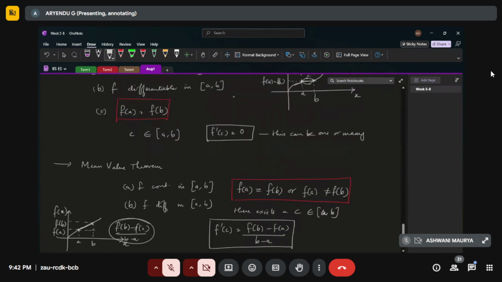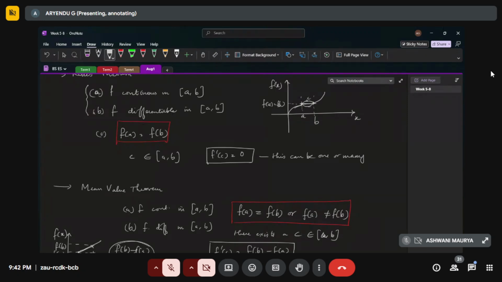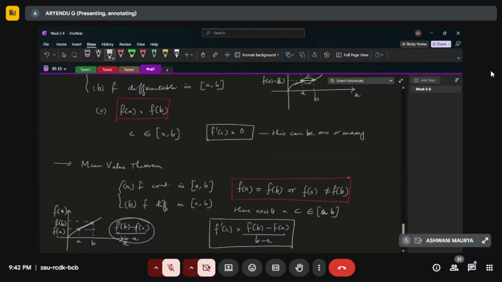So we can look at both Rolle's theorem and mean value theorem together. The prerequisites are the same. F should be continuous and differentiable on A and B. The difference in the criteria is that f of A and f of B should be equal in Rolle's theorem, but in mean value theorem they may or may not be equal. Given these conditions are satisfied, Rolle's theorem states there will exist a point C between A and B such that f dash of C is equal to 0.